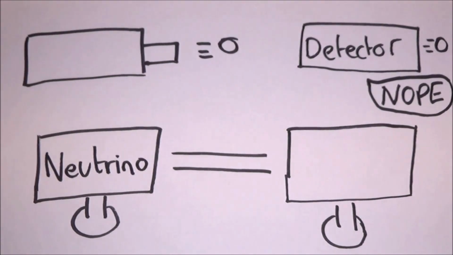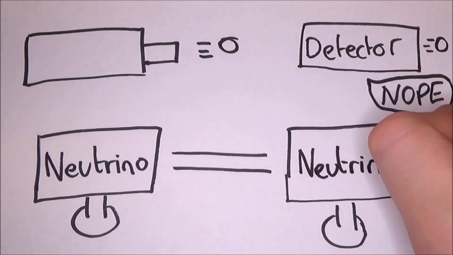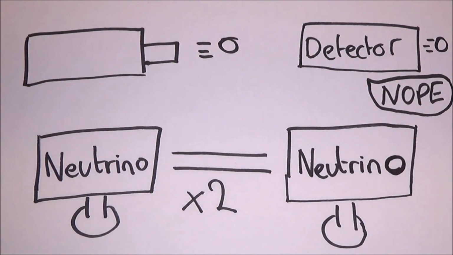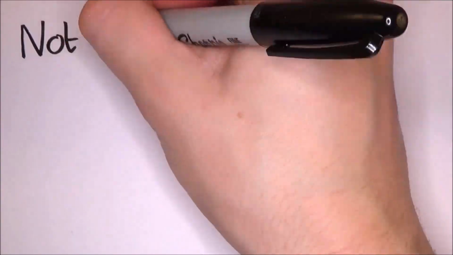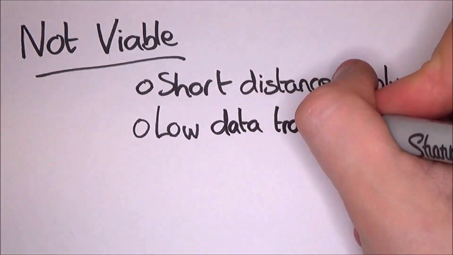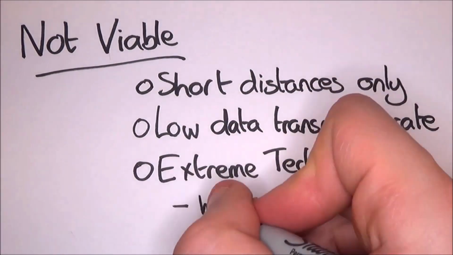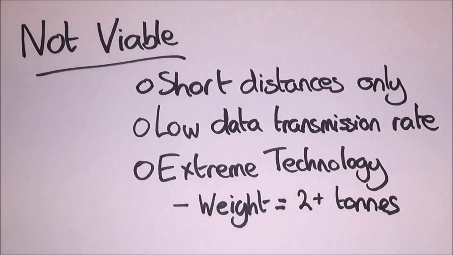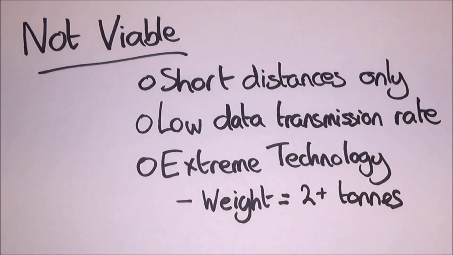The message was received with a bit error rate of 1%, which allowed the message to be decoded easily after one repetition. However, it's not viable at the moment. The short distances, the low data transmission rate, and the extreme technology required are somewhat holding it back. The machines weigh several tons, just for reference, so it's not exactly going to fit in your pocket.